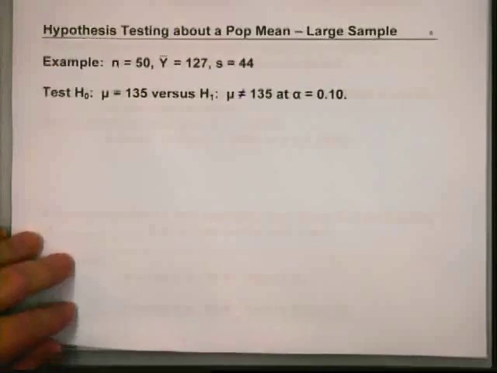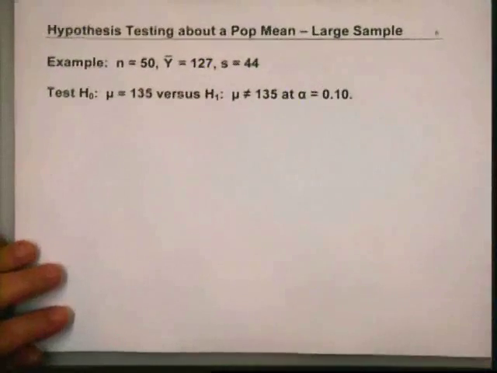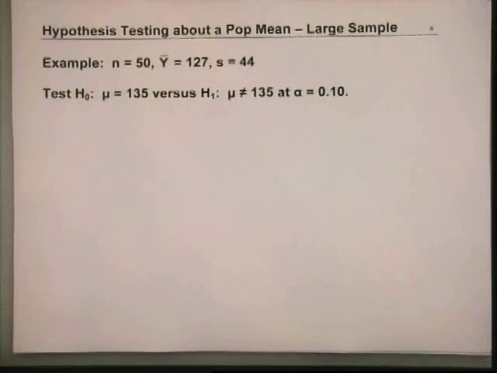So let's just look at a very basic hypothesis testing situation. Suppose I have a sample of size 50, an observed mean of 127, and a sample standard deviation of 44. And I want to test the null hypothesis that the population mean is 135 versus the two-sided alternative. I'm going to choose my probability of a type 1 error to be 0.1.